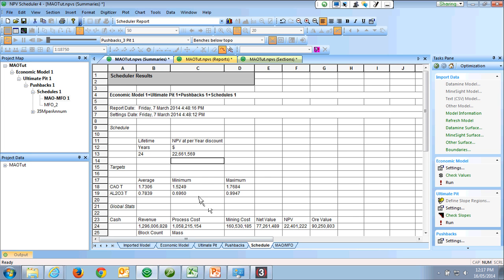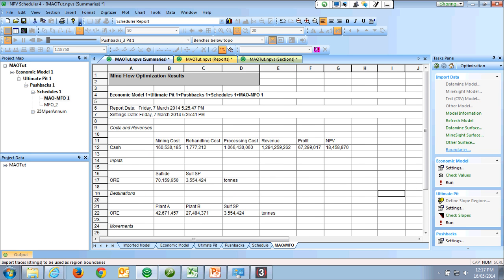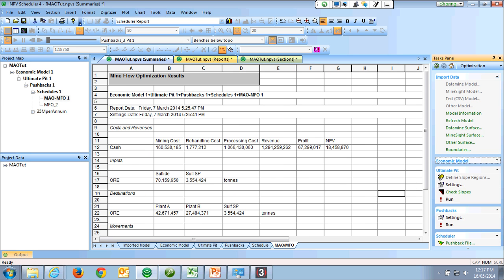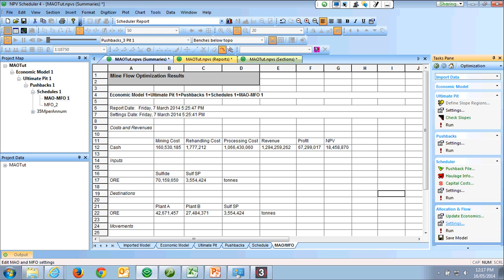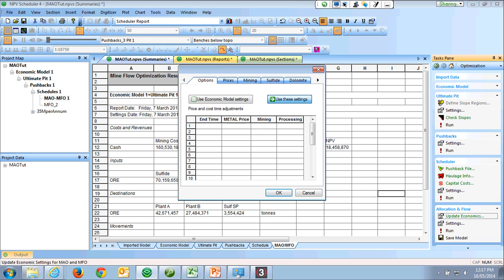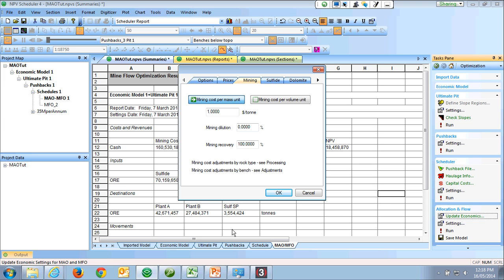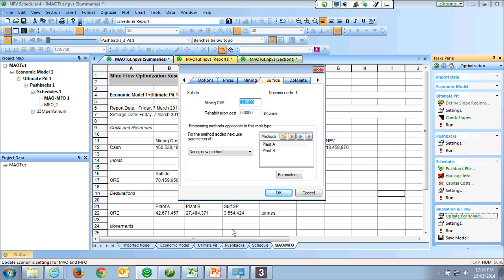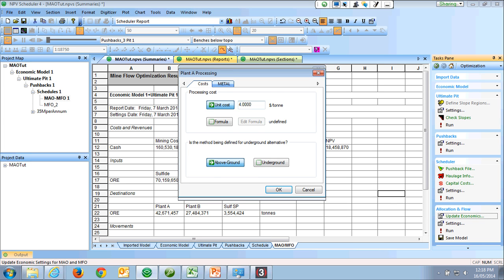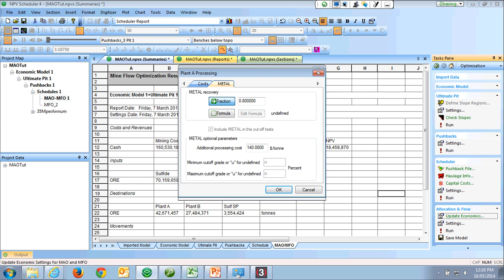But to set up my MAO processes, I can look at my economics, where previously there was, yes, a single plant. Now I have two plants, and they have similar unit costs, but additional processing costs applied to the refined ore.